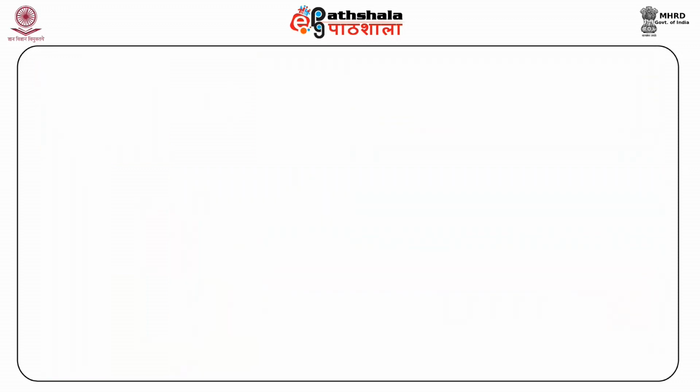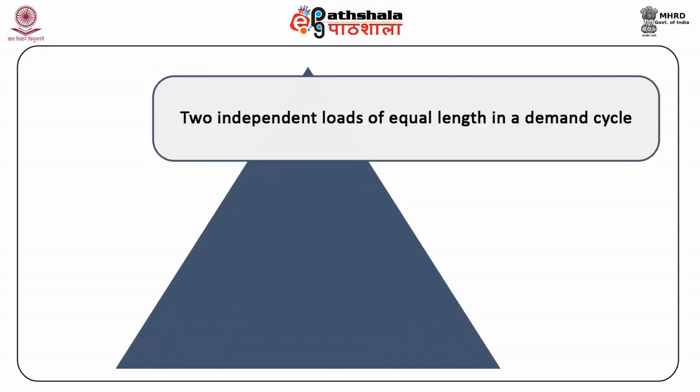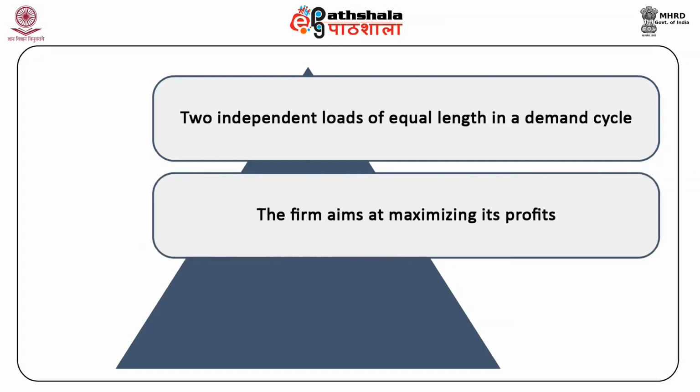For instance, we follow a simple model assuming two independent loads of equal length in a demand cycle, such as a single day. The firm aims at maximizing its profits.